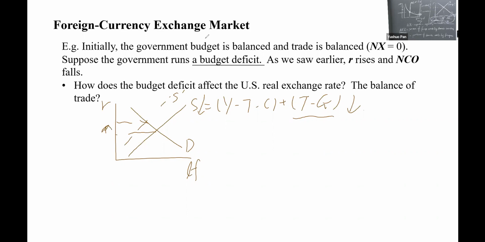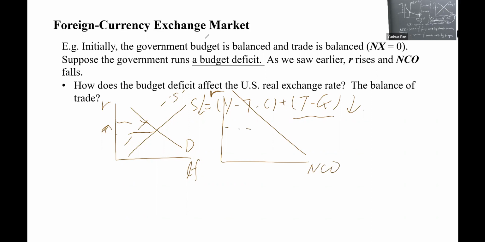The real interest rate will influence the net capital outflow. If the real interest rate in the United States is higher, all the assets in the United States are more attractive compared to assets in foreign countries. So United States residents will want to invest more in the United States instead of others.